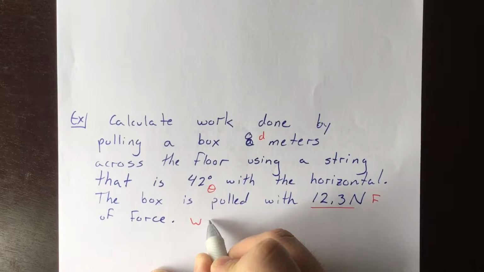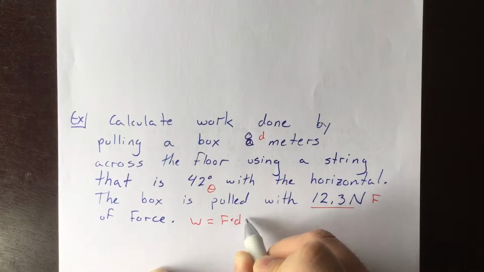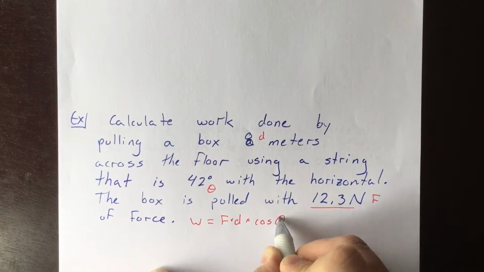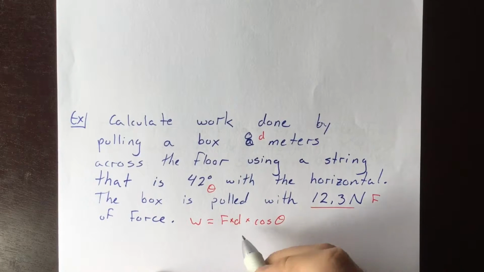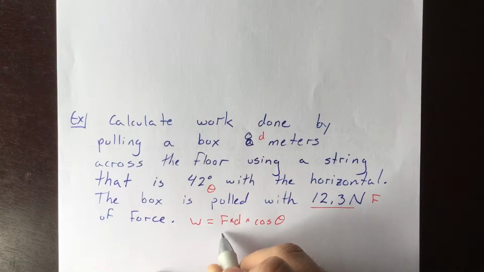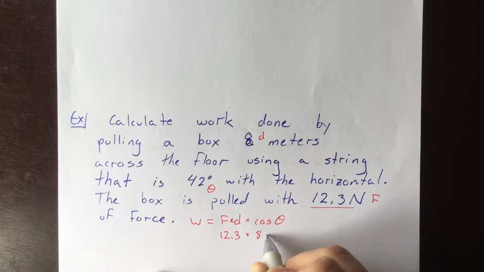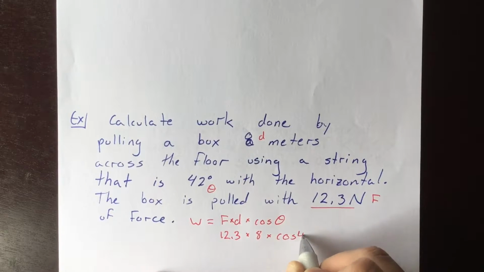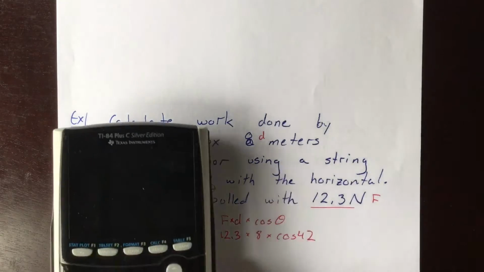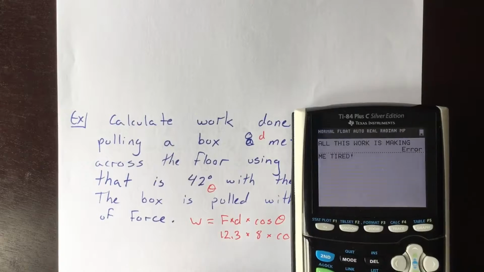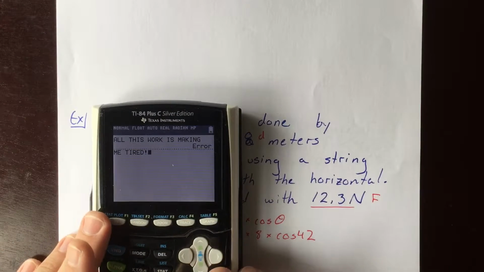This is exactly force times distance times cosine of theta. Okay. And let's see. So we have force, 12.3, we have displacement 8, and we have cosine of 42. And with our calculating device, let's see what we get here. Yes, all this work can be very tiring.